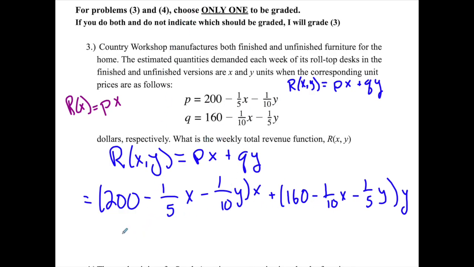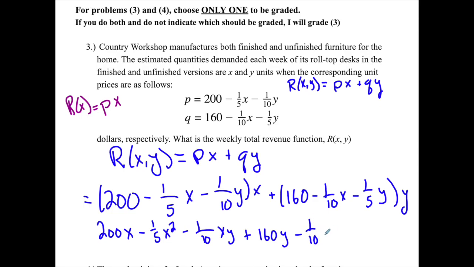Now by distributing, I get 200x minus 1/5 x squared minus 1/10 xy plus 160y minus 1/10 xy minus 1/5 y squared.